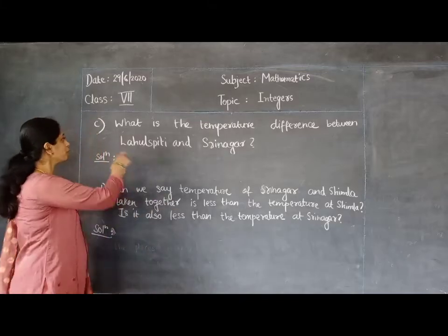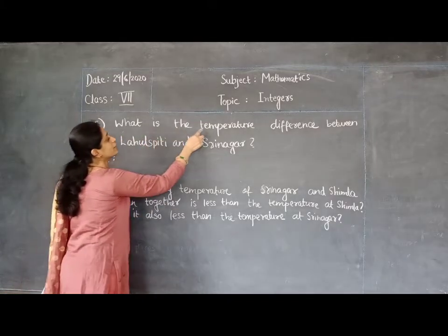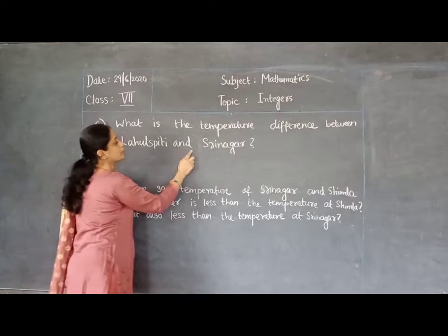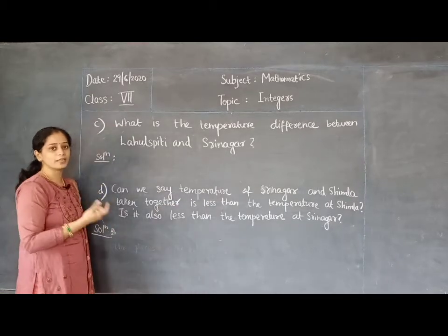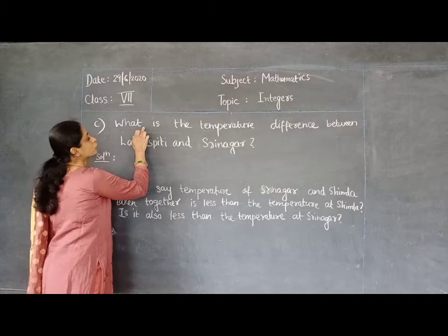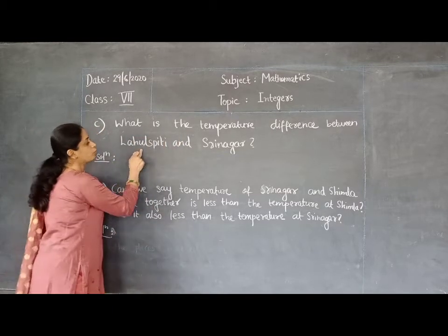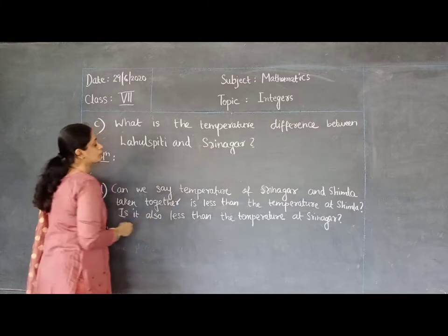See now question number C. What is the temperature difference between Lahul Spiti and Srinagar. They have given the temperature on the number line. So here you have to find the difference between the temperatures of Lahul Spiti and Srinagar.